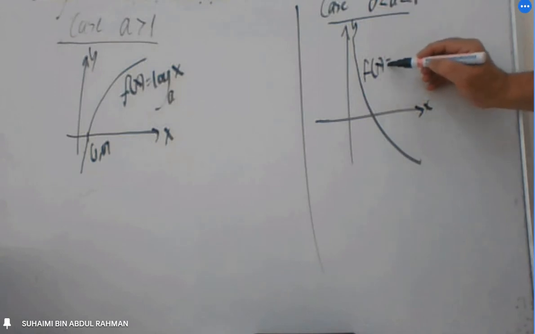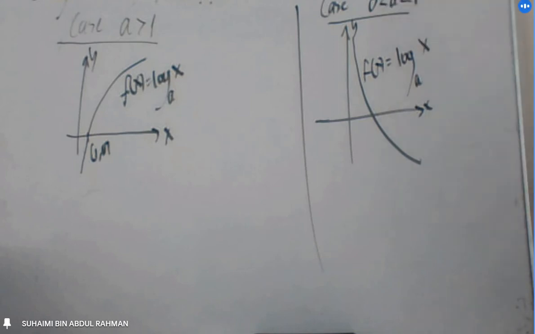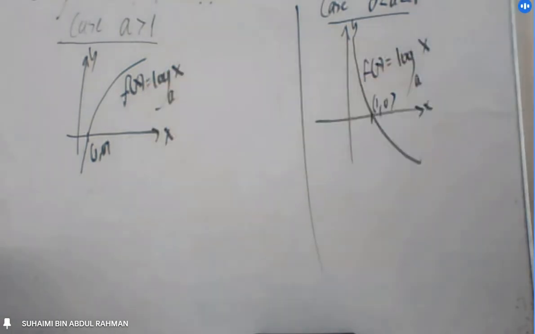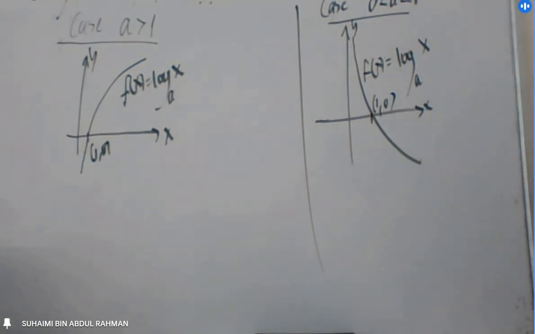The function is log a x, provided that a is between 0 and 1, and the crossing of the x axis is the same, at point 1, 0. Only the shape is different.